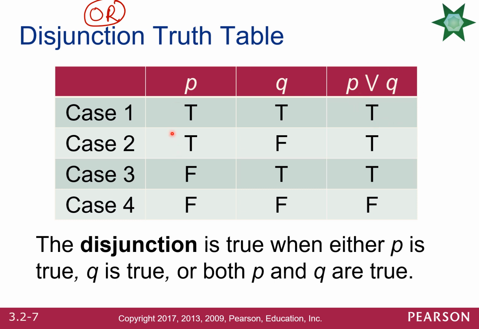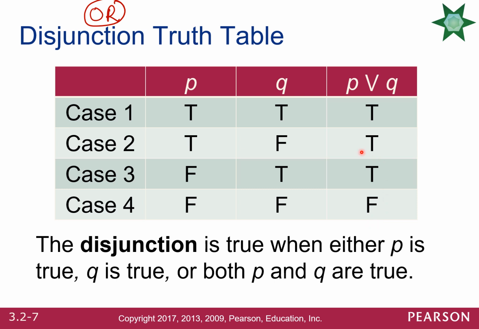If P is true and Q is false, then the result is still true. If the first one is false, the other one is true, the result is still true. But if both of them are false, then the final result is a false. All right, the compound statement is false.